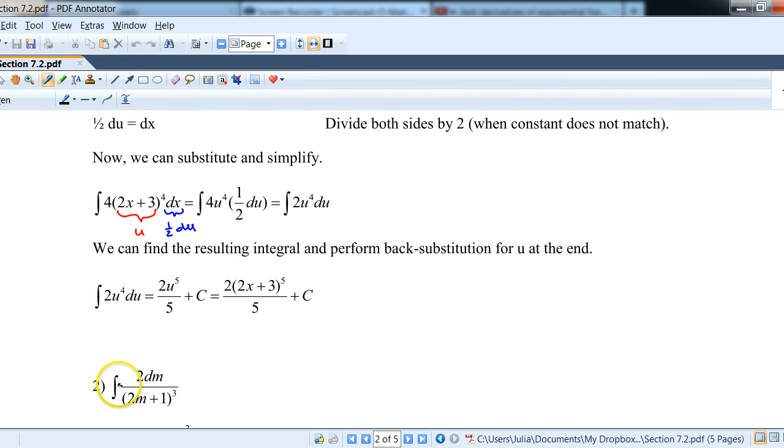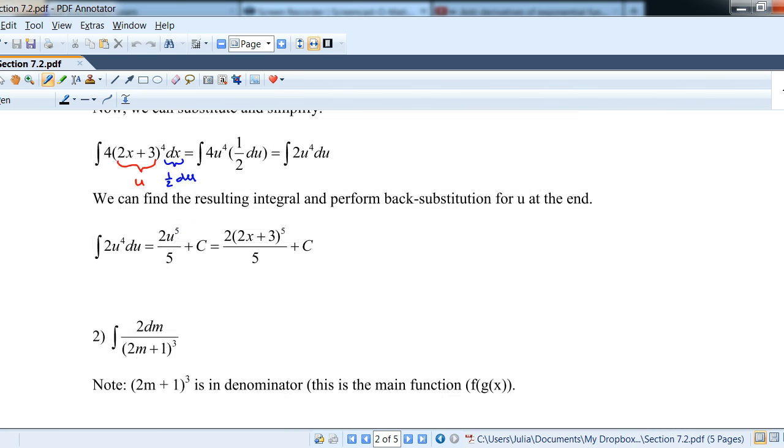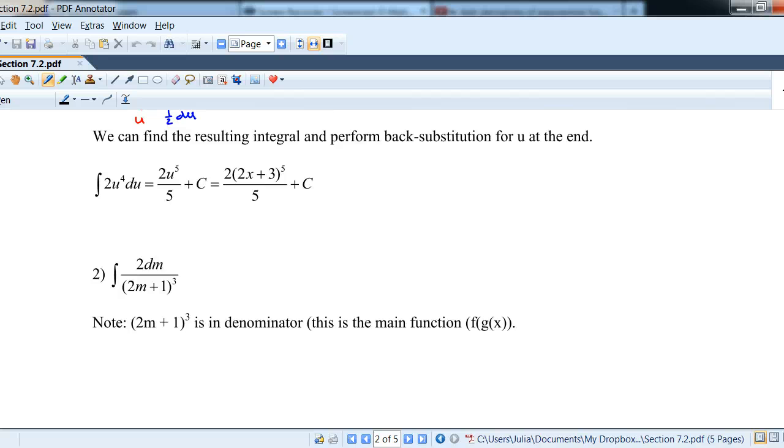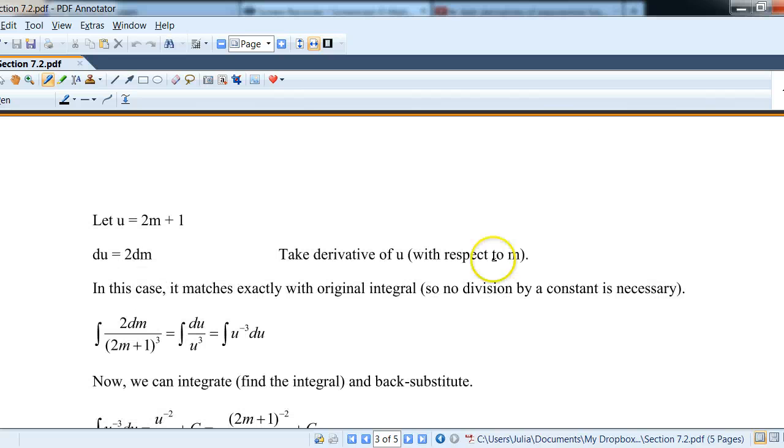What if we have something complicated looking like this ratio right here, which is 2 times dm over 2m plus 1 cubed? Well, we can do the same thing here. So 2m plus 1 cubed, that's the one we're going to substitute for. Again, the inside function is u, 2m plus 1. Take the derivative of u, which is du, equals to 2.